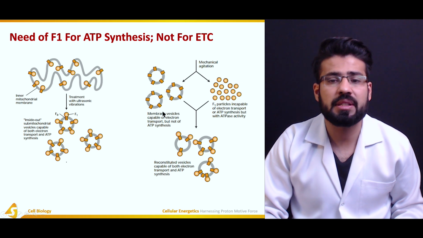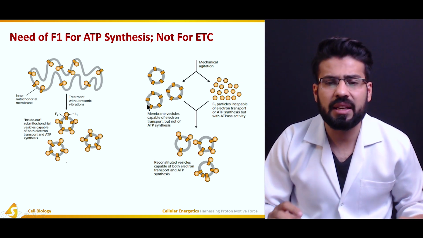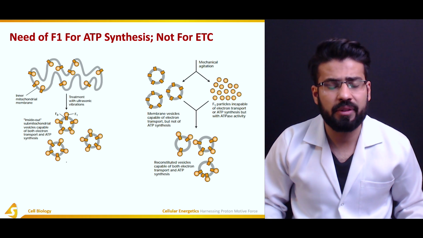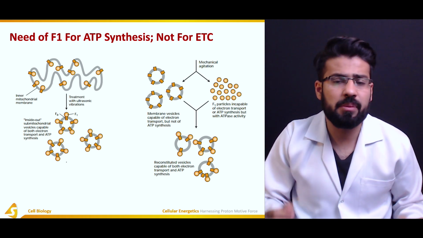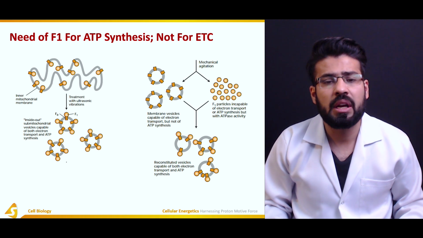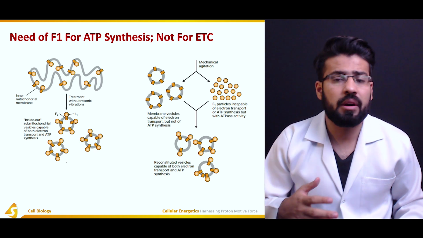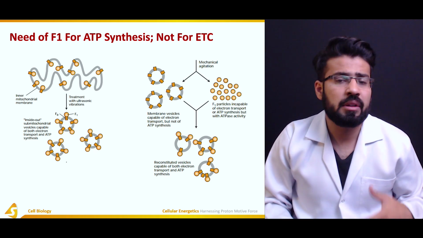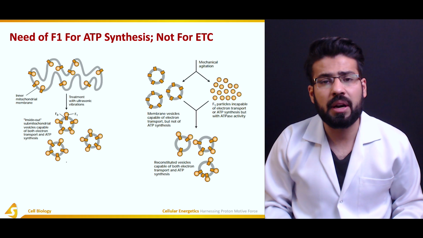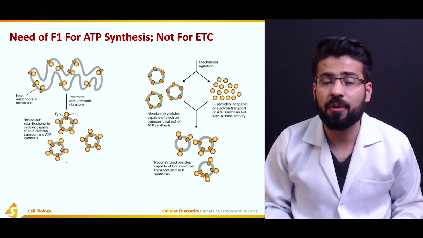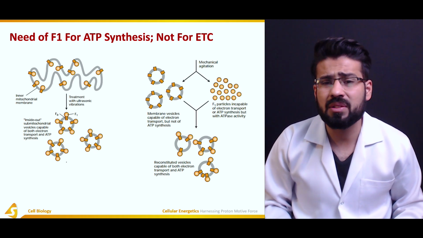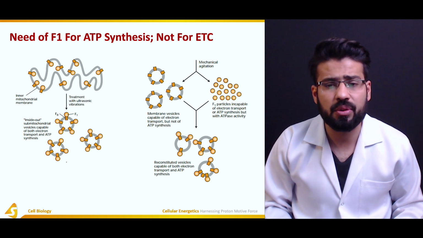So the membrane vesicles at this stage are only capable of the electron transport chain, but the experiments have shown that they are not capable of the ATP synthesis, because only the F1 particle has been removed. So it means that F1 plays an important role for the ATP synthesis and not for the electron transport chain.